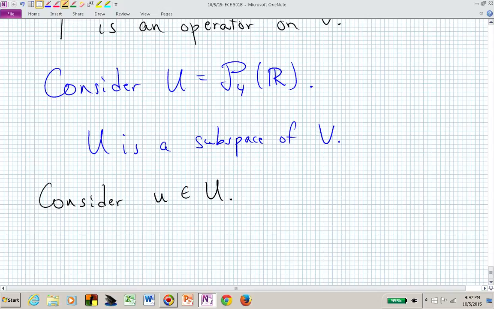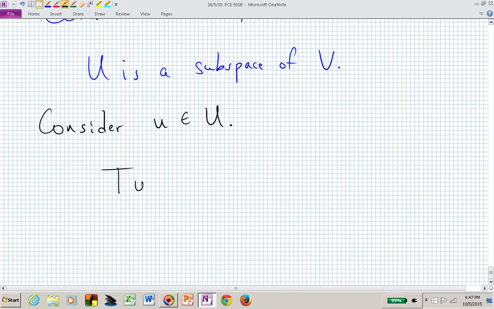So now consider some u, and that's arbitrary, so it can be anything in capital U. What happens if we now apply this operator T to that u? Where does it go? It stays in U, doesn't it? Just like if we had V and did the differentiation, we stayed in V.